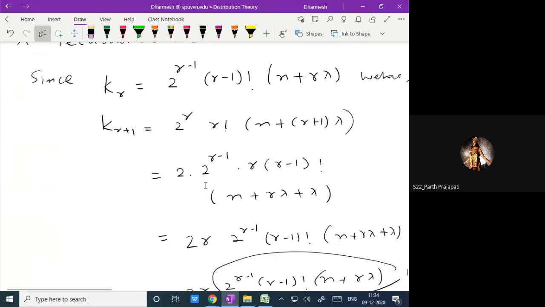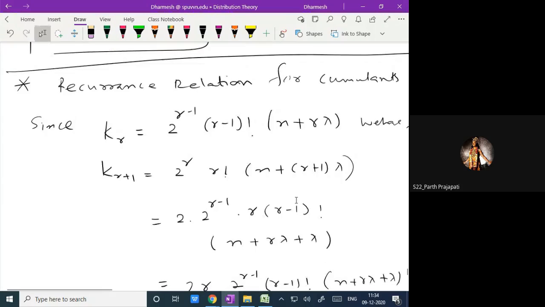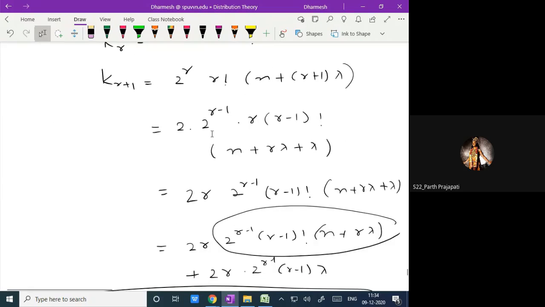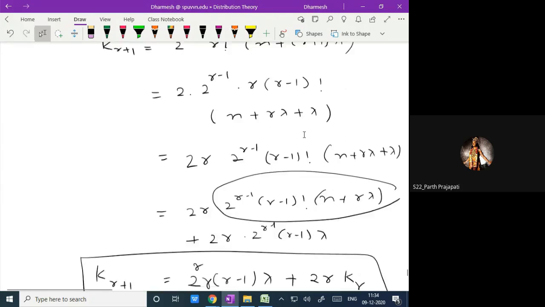Okay, then we can write it as 2 into 2 raised to r minus 1. Why have we written it this way? Because I am looking for this r into r minus 1 factorial. So this is 2 into 2 raised to r minus 1 into r minus 1 factorial.